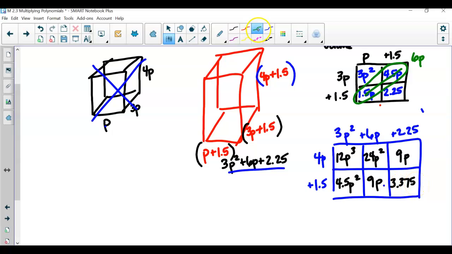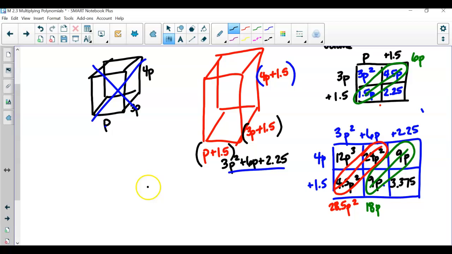Now combine the like terms. Here I've got 9P plus 9P, which is 18P. Then we have our P squared. 24 plus 4.5, 28.5P squared.